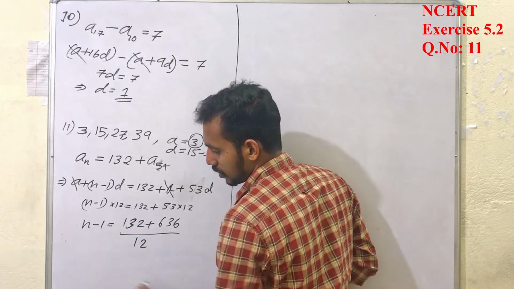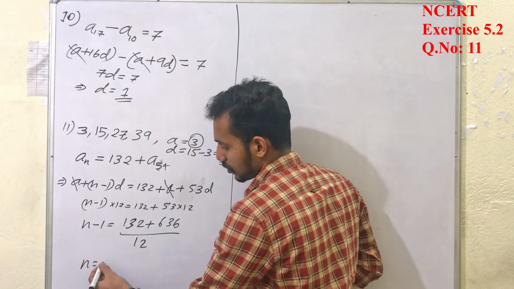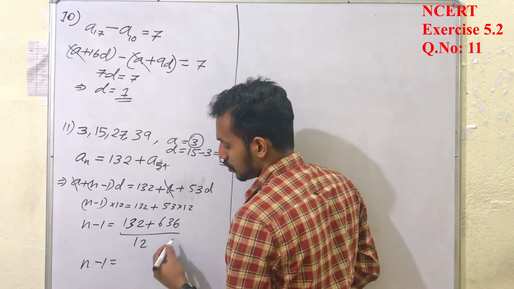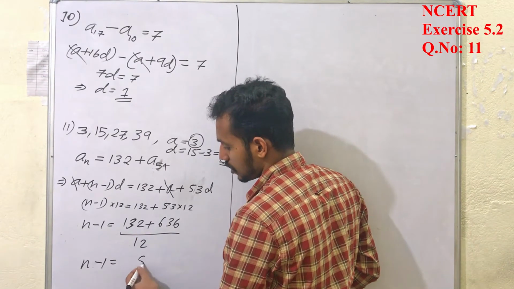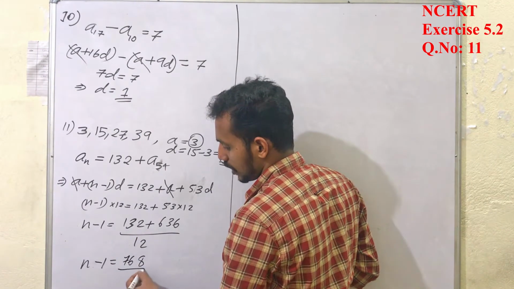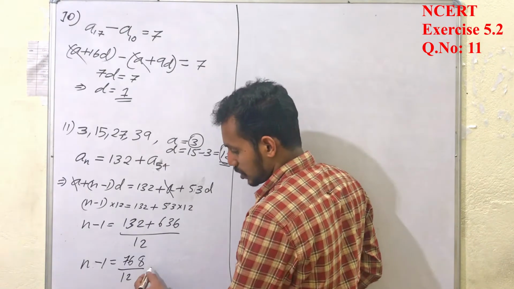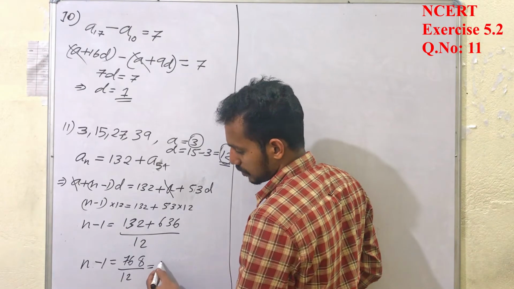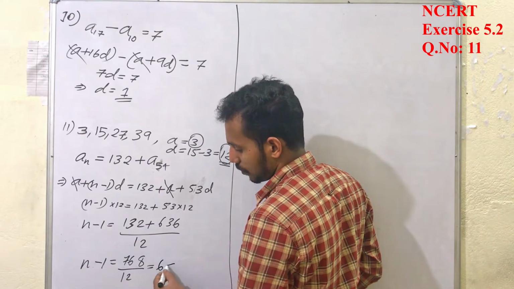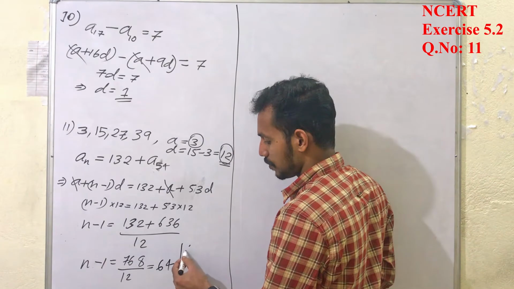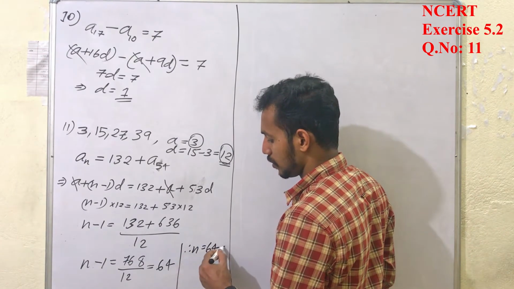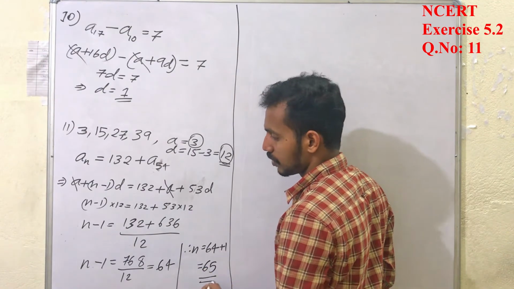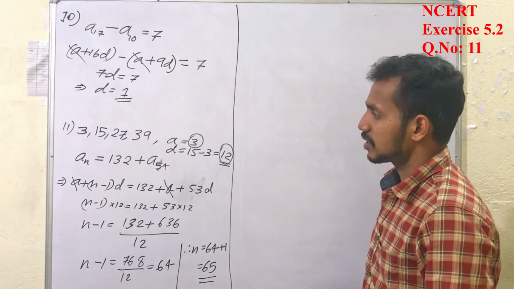Again, n minus 1 is equal to 132 plus 636, which is 768, divided by 12, which is equal to 64. Therefore n is equal to 64 plus 1, because this minus 1 taken here will be plus 1, that is 65. This is the first way we can solve it.